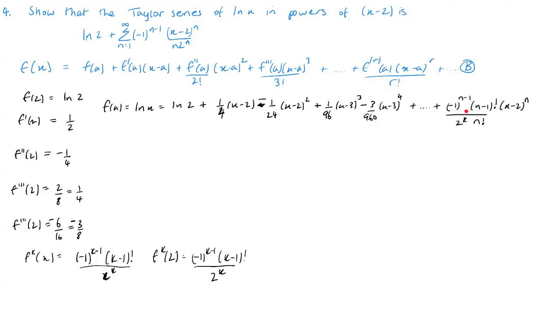This gives me this bit. Okay, now all of that, this section is just a sum, from r equals 1 to infinity. Now if I substitute 1 into this, I get minus 1 to the power 0, which is 1, over 2 times 1 factorial, so it's 2.